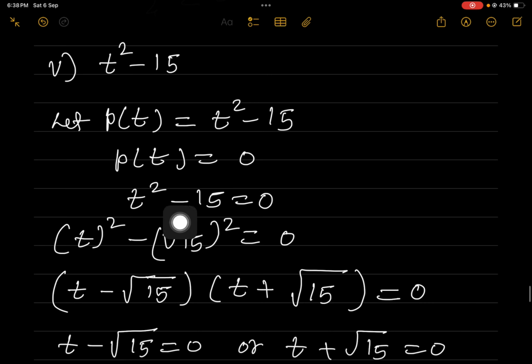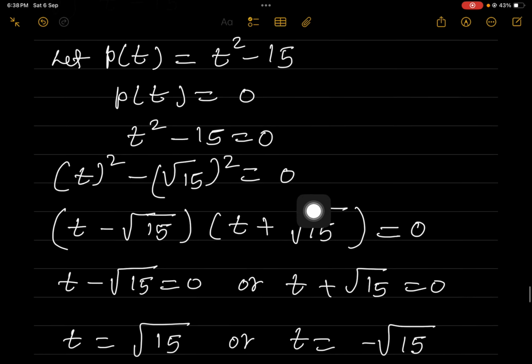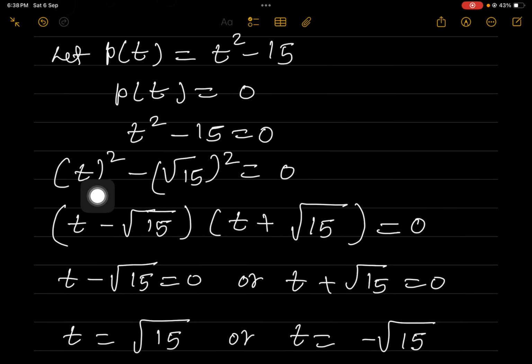So t square minus 15 equals 0. We write t square minus, in bracket, root 15 whole square, because the square of root 15 is 15, so it becomes 15 equal to 0.